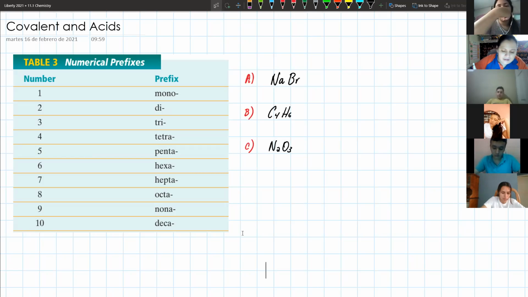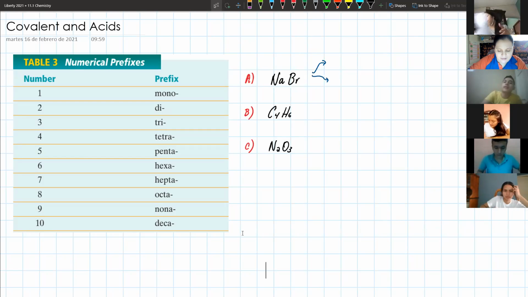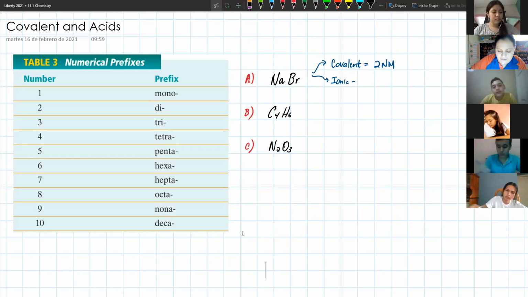Okay, let's analyze the first example here. We have a compound that is made of sodium and bromine. How can I tell if it's covalent or ionic? Do you remember? Covalents are compounds that are made of two nonmetals. Exactly, 2 nonmetals. And ionic, we're going to have metal and non-metal.